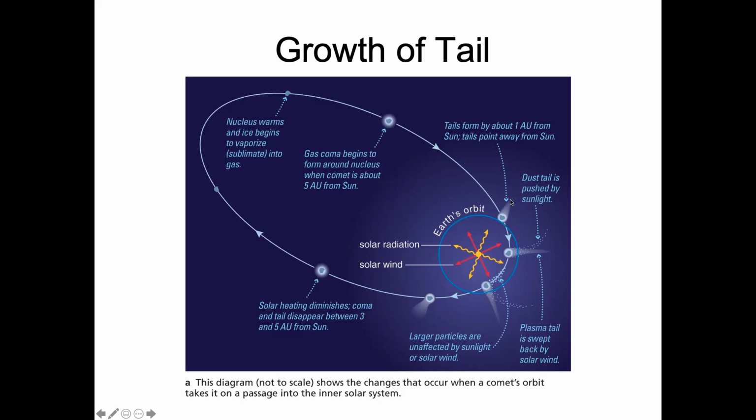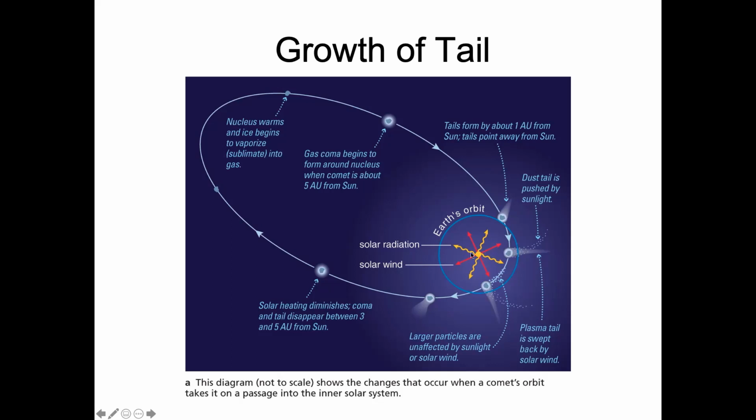Right, so we have the plasma tail, which is being pushed away by the solar wind. That's a stream of charged particles pushing on the comet's atmosphere. And then when it gets even closer, there's the dust tail, which is pushed by the light.